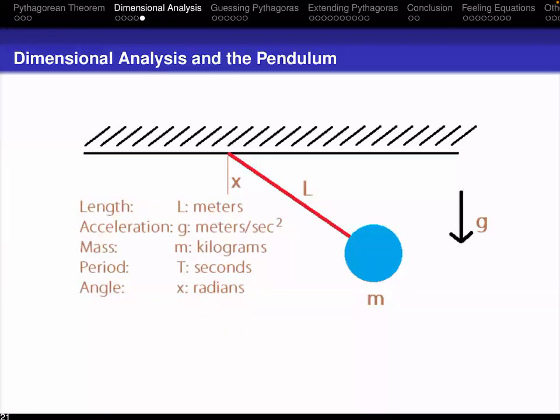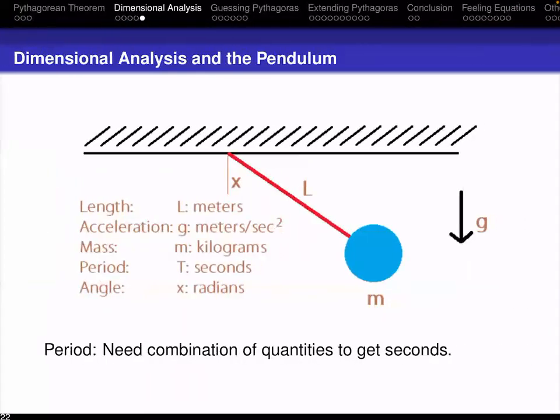How can you combine length and acceleration and get seconds? If you divide length by acceleration, you're left with seconds squared. Good. And so how can I go from seconds squared to seconds? Take the square root of it.